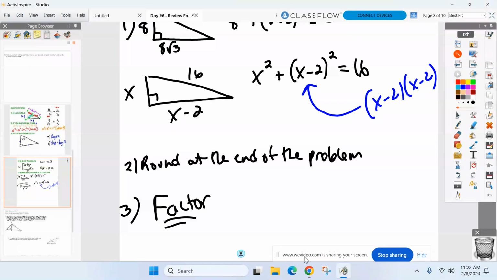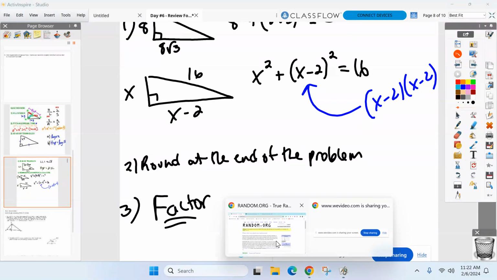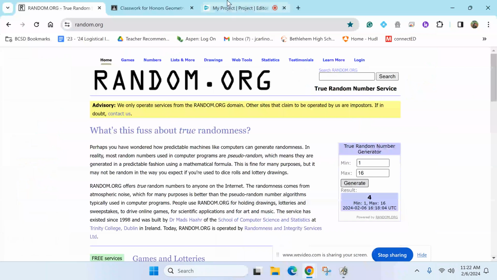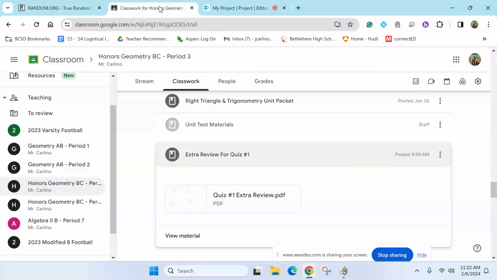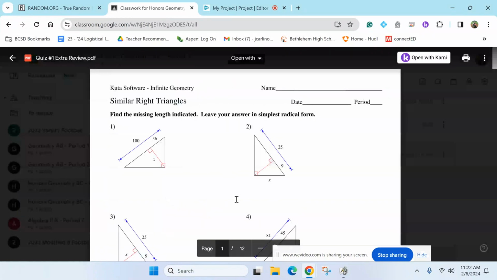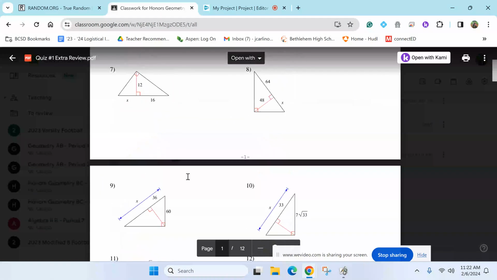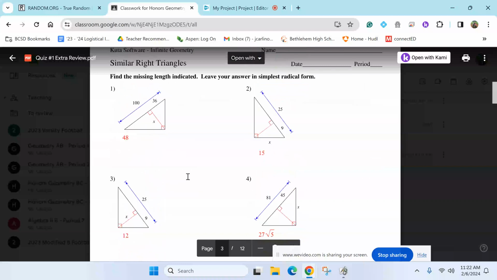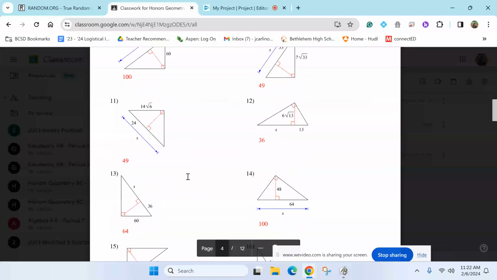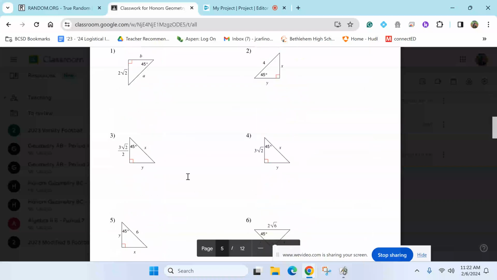And a third place, which I rarely do for a quiz, but this is the first one of the third quarter, and I do not want you to dig yourself a hole. Up on Classroom under Unit 8, I have this one little thing called Extra Review for Quiz 1. This thing is a beast. You want some Hill SAS practice? It's right here. Maybe you might be good at Hill SAS, but maybe not at 30-60, 45-45 triangles.